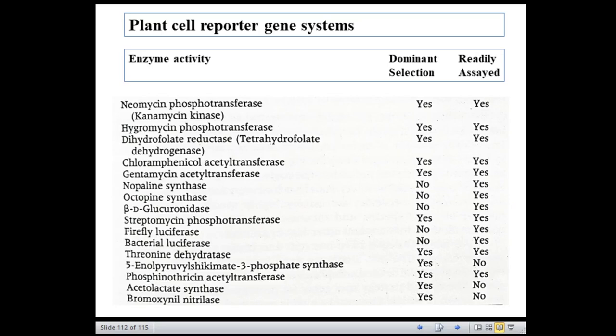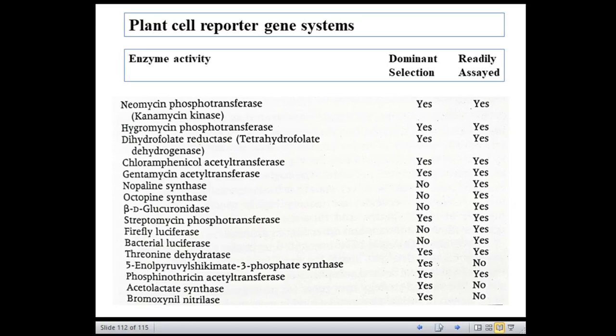These include both genes that can be used as dominant selectable markers and genes whose proteins produce a detectable response to a specific assay. So it's a list of different enzyme activities.